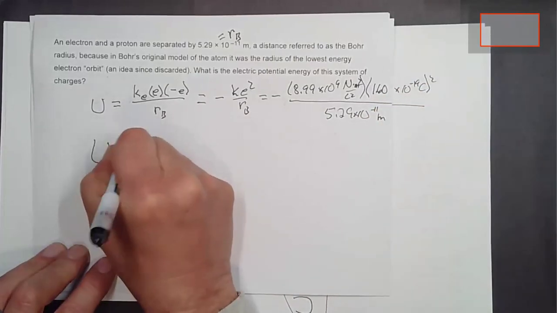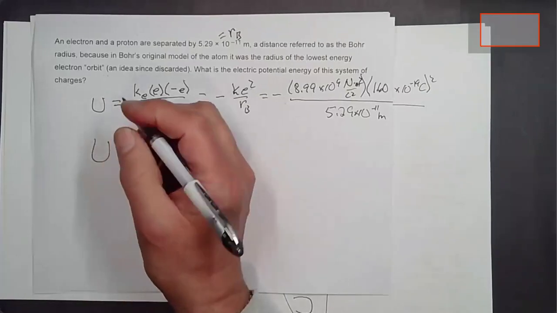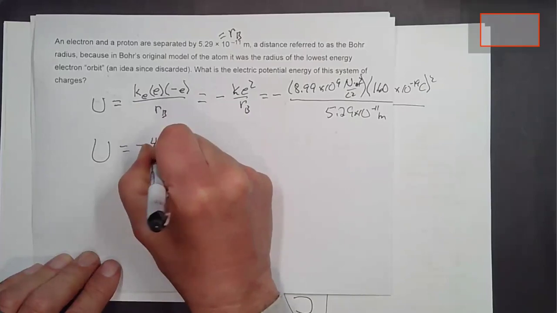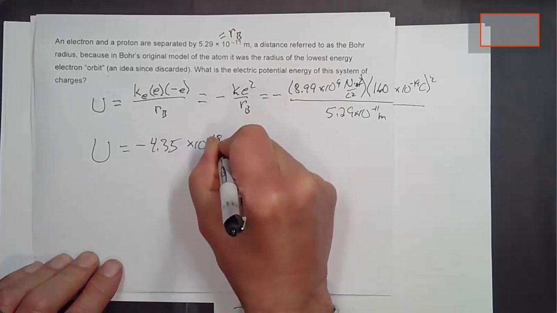And so the electric potential energy of this combination of charges should work out to be minus 4.35 times 10 to the minus 18th joules.